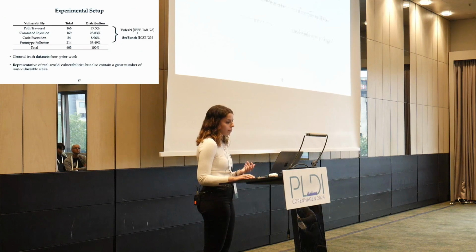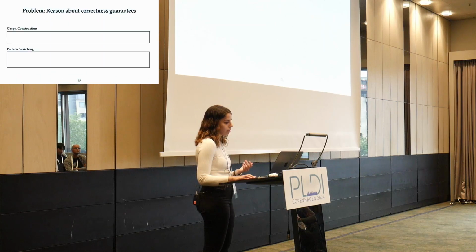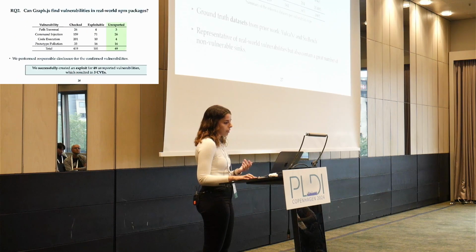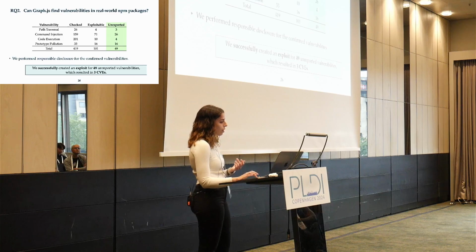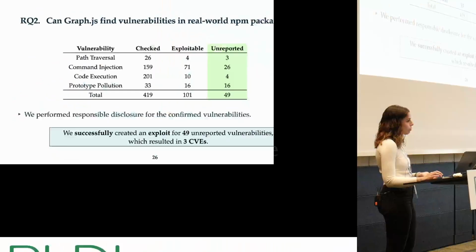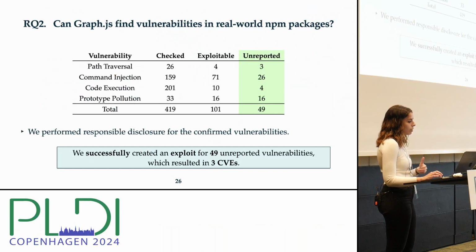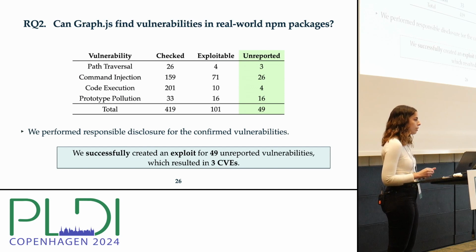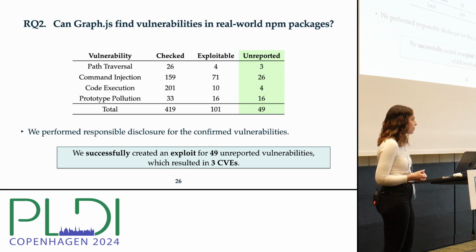So I actually have here a table. Yeah. So for example, we found 101 exploitable vulnerabilities, but only 49 of them were unreported and not an intended functionality of the package. But we needed to do that manually. We don't know the domain. Okay, thanks.